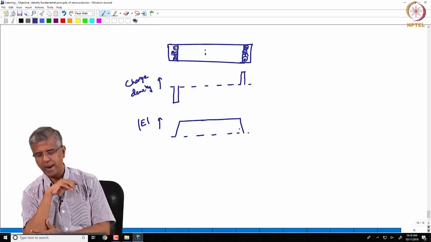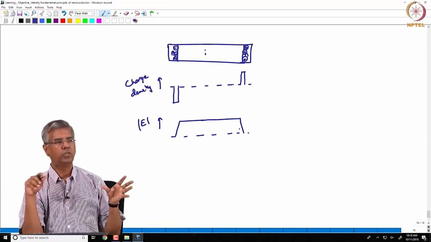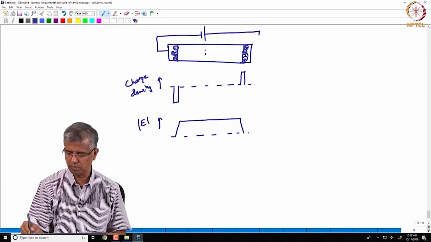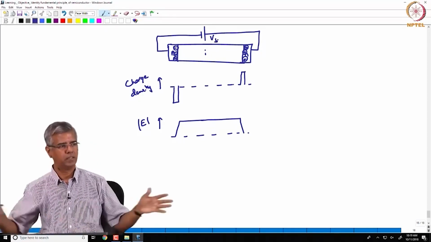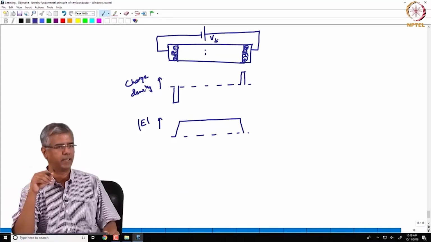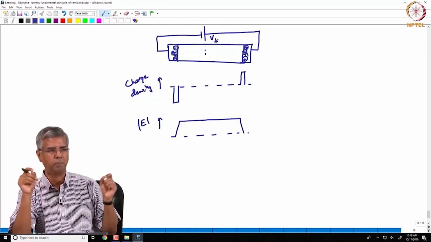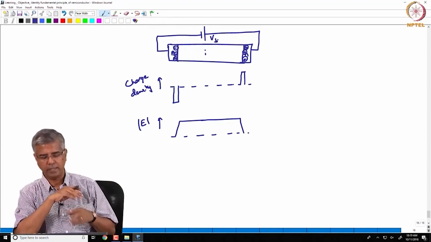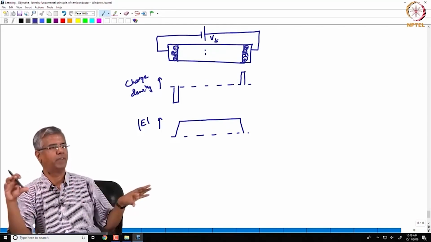So what you have managed to do is, if you apply an external bias now, distribute that bias across the entire I region. And if you make your P and N regions relatively much smaller, then across the entire structure you have an electric field.